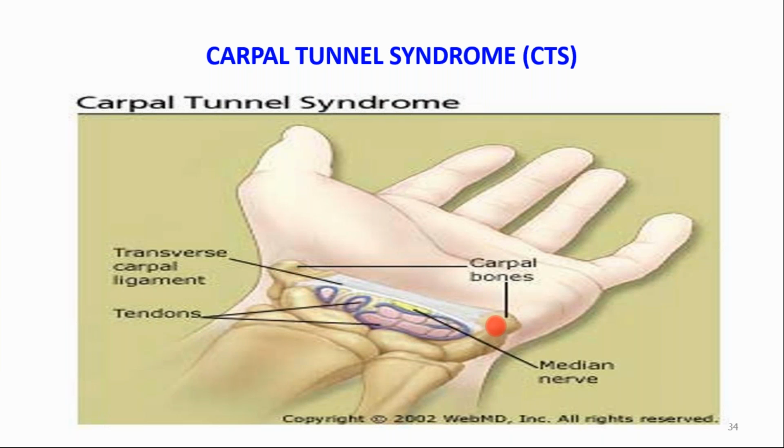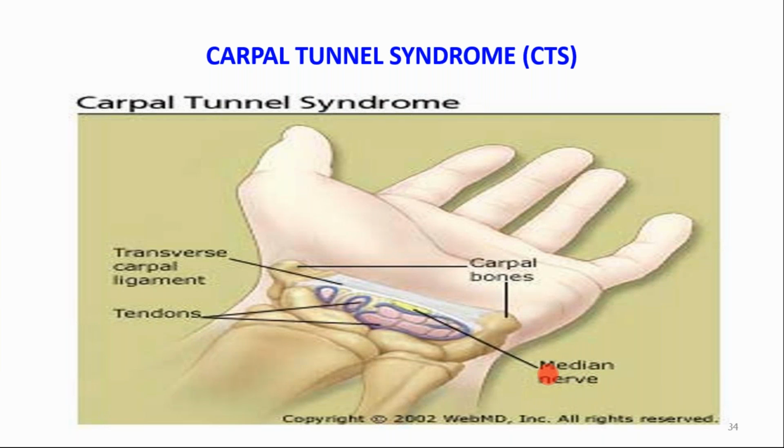In these carpal bones, here is the median nerve, then this is the transverse carpal ligament, and these are the tendons. All these parts are affected if the median nerve is under pressure.